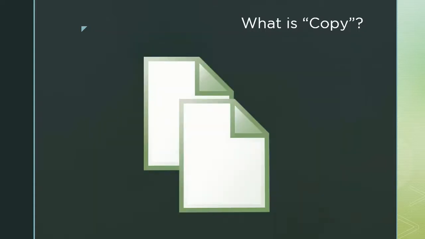Now that we've looked at our example spreadsheet, let's talk a little bit about copy and what that means. Well, picture, if you will, a piece of paper that has maybe a letter or a memo or maybe even that walking plan spreadsheet all printed out on it, and you decide that you would like to have a copy of that sheet of paper.